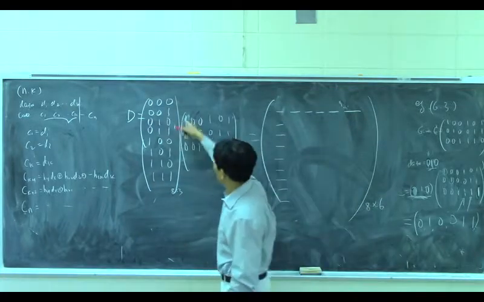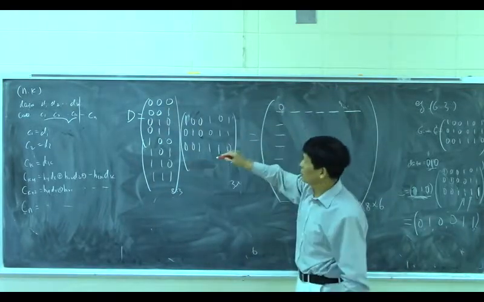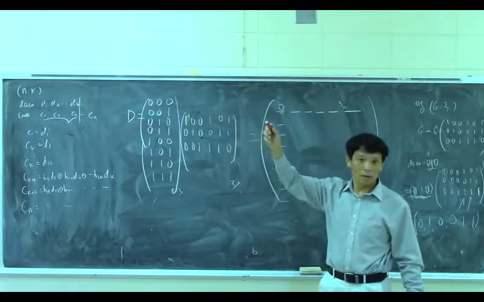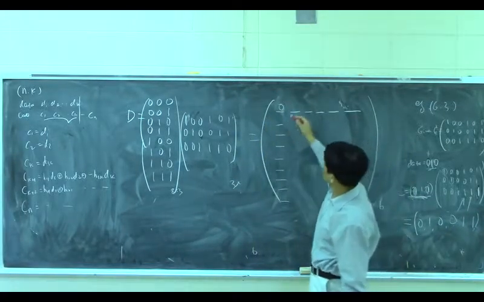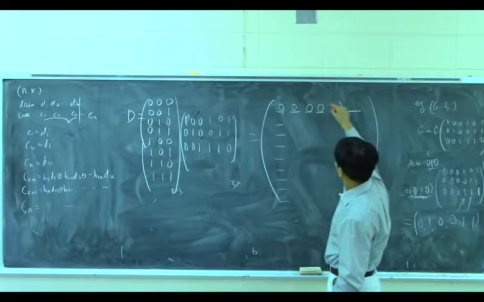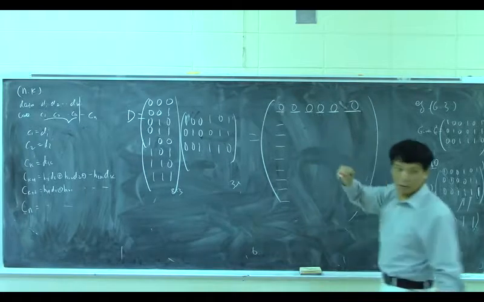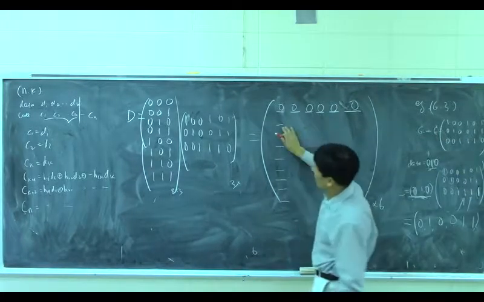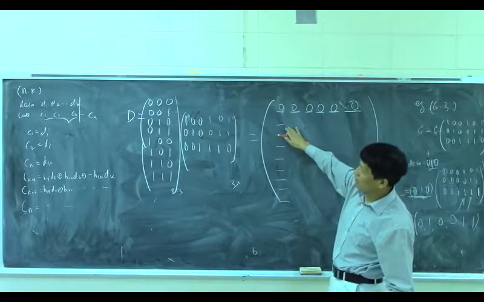This one times this, so that's 0, right? The first one is 0. The second one is 0. The next one is 0, 0.